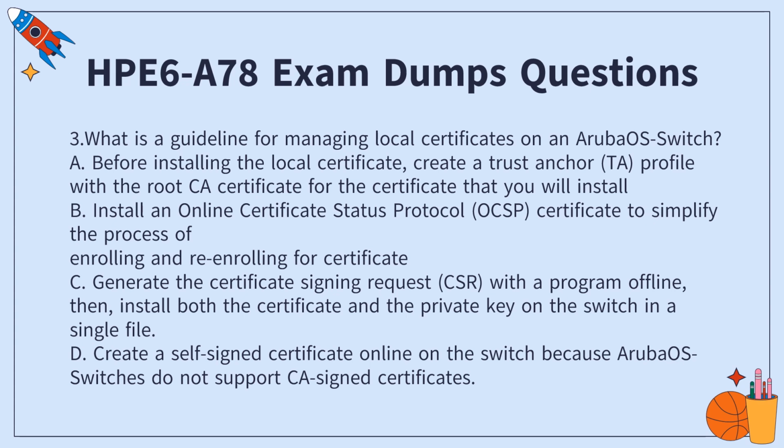C. Generate the certificate signing request (CSR) with a program offline. Then, install both the certificate and the private key on the switch in a single file. D. Create a self-signed certificate online on the switch because ArubaOS switches do not support CA-signed certificates.